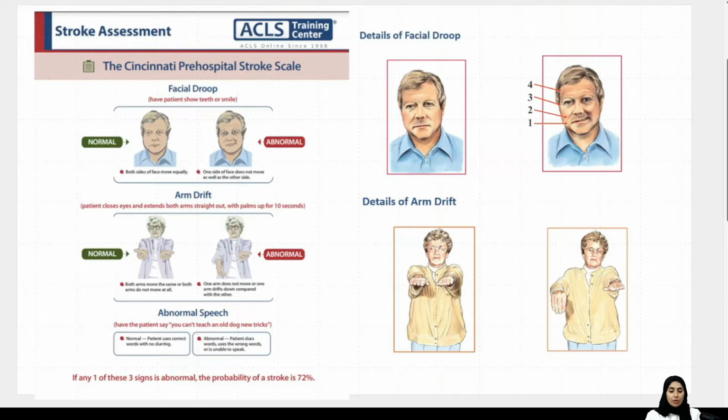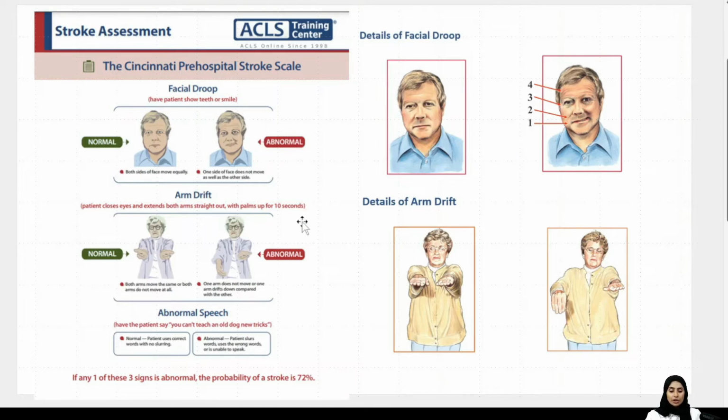Regarding a pre-hospital stroke assessment, we have FAST, which is for facial drop, arm drift, speech abnormal. Facial drop: ask the patient to smile and look for any asymmetry. The details here on facial drop: look for any angle deviation, flattening of the nasolabial fold, ability to close the eye, preserved wrinkles.